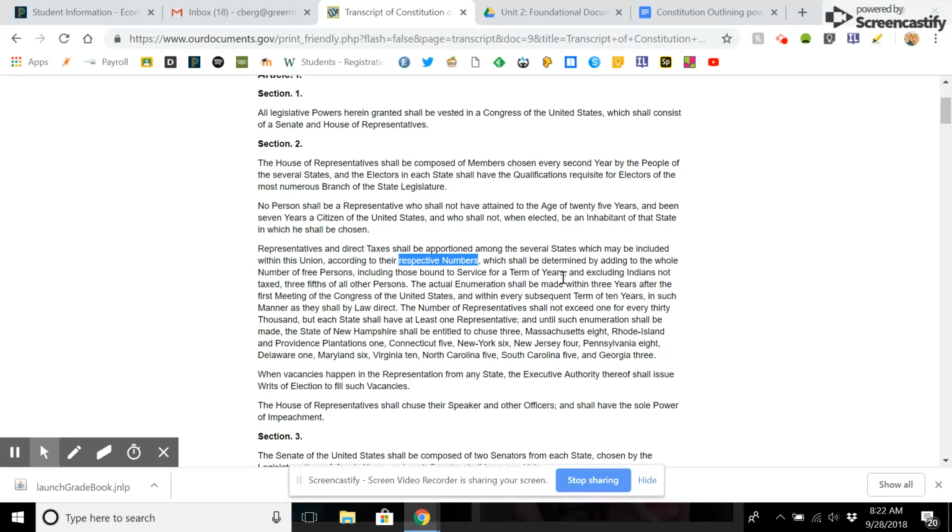If you're thinking slavery, you're right. That section was marked off. It's no longer part of our Constitution because this was talking about how you count the slaves. And we'll talk about that in a different lesson. But if you know anything about American history, this is the 3/5 compromise. The 3/5 compromise is right here.